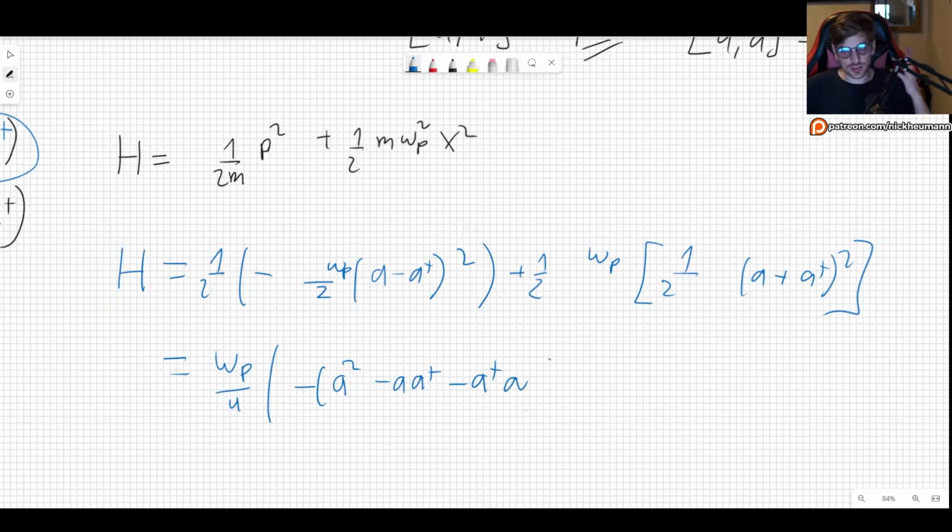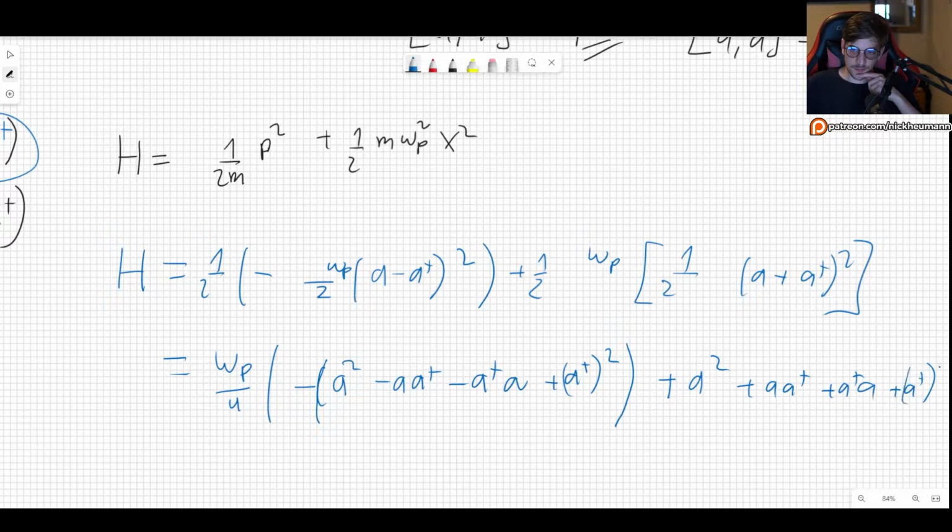Keep in mind, they don't commute, so be very careful. And then we have plus, now this thing, which is a squared. Yeah, I was just seeing that this parenthesis is much larger than this. It confused me. Plus a a dagger plus a dagger a plus a dagger squared.